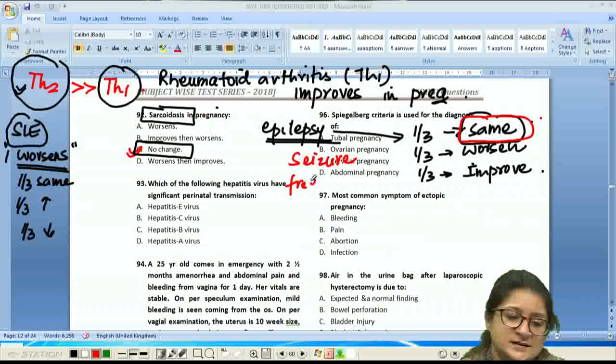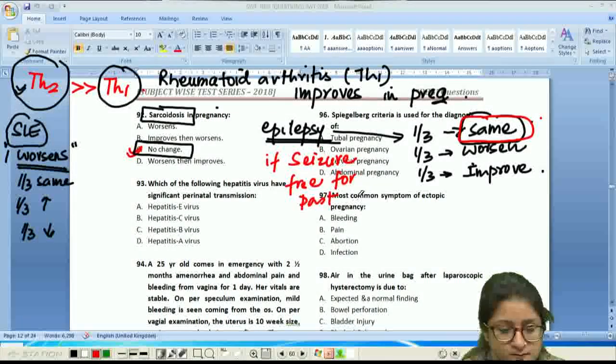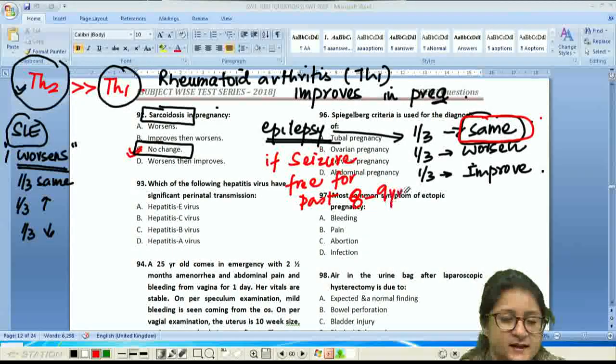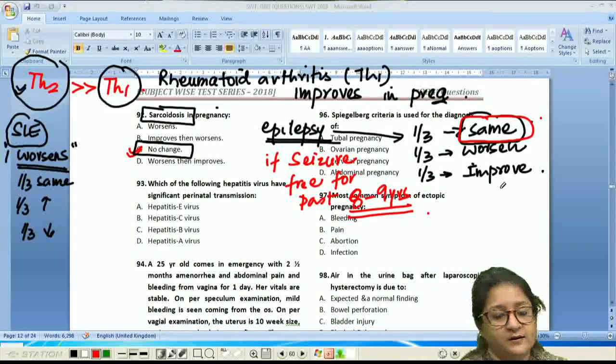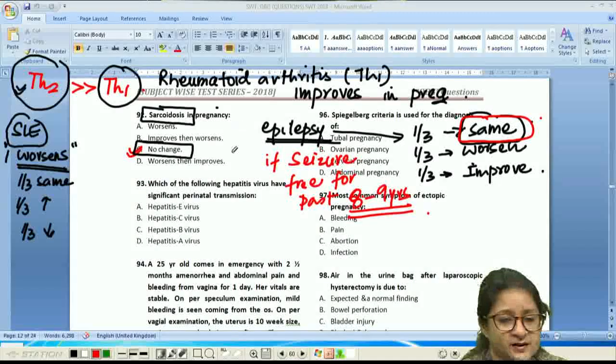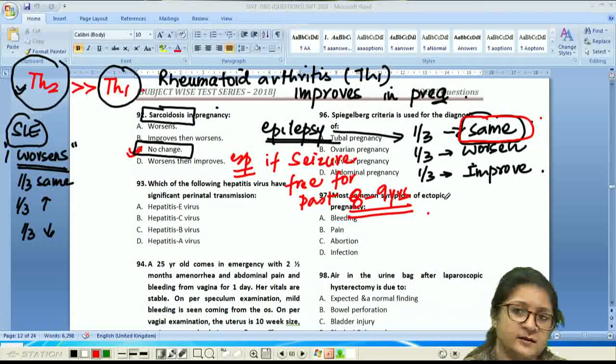If the woman has been seizure free for the past 8 to 9 years, then she is more likely to remain seizure free during the entire duration.